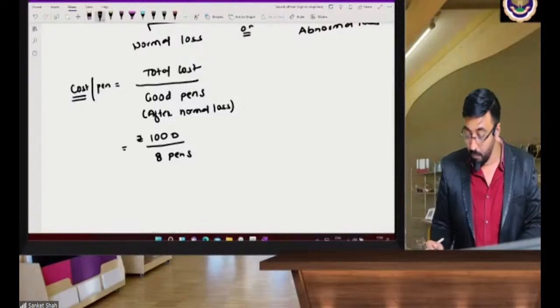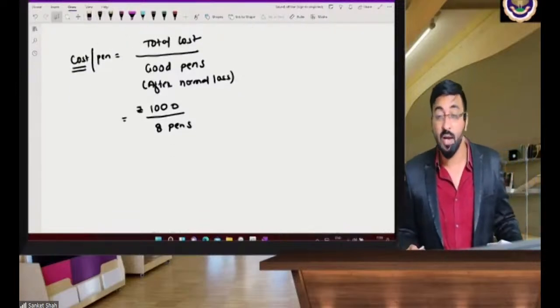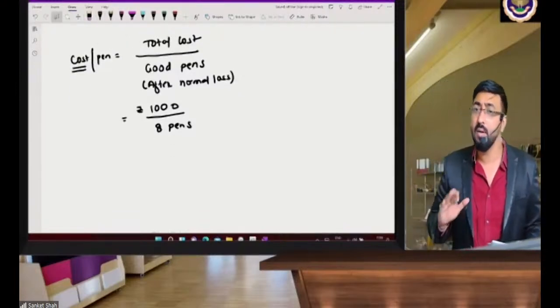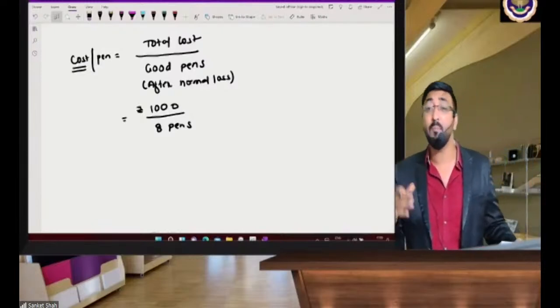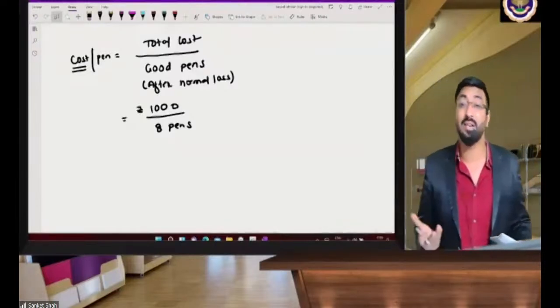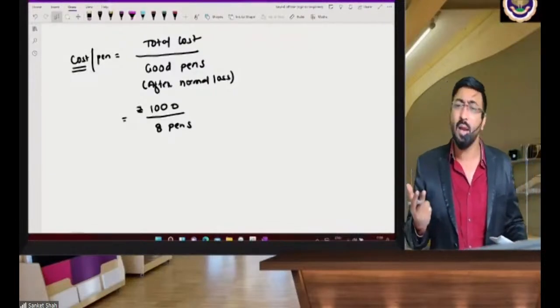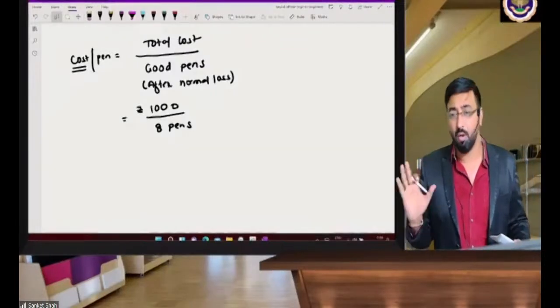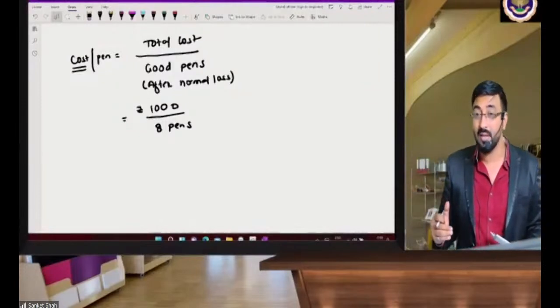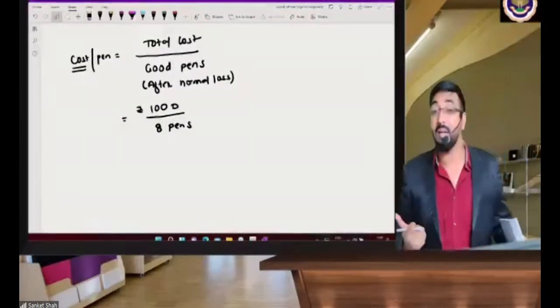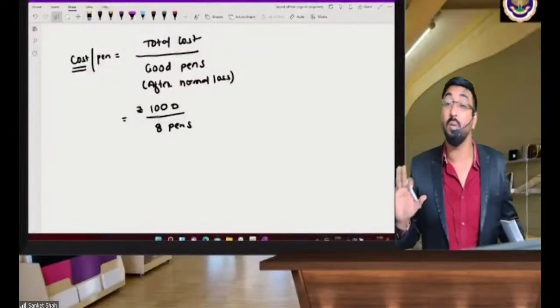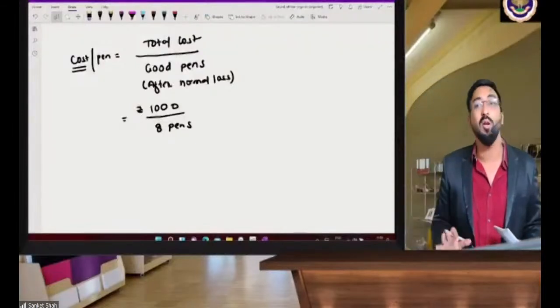Because these 2 pens are normal loss. Every time you are getting them bad, this is unavoidable. You cannot restrict that. Whenever you are buying 2 dozen mangoes, normally a few are rotten, so you are getting only 22 mangoes.